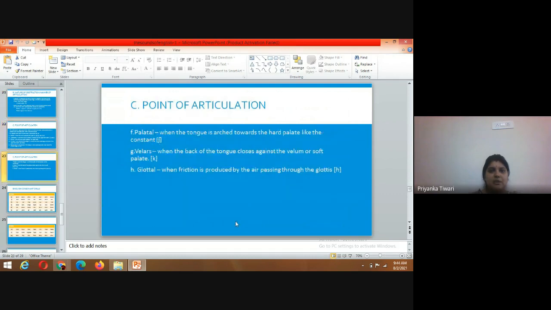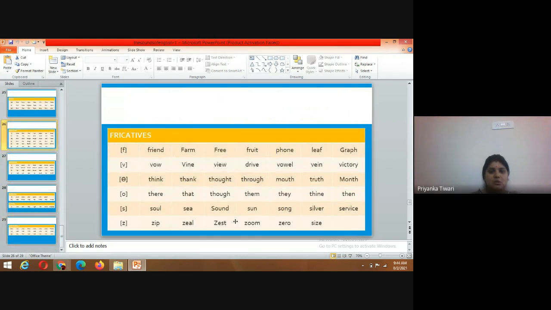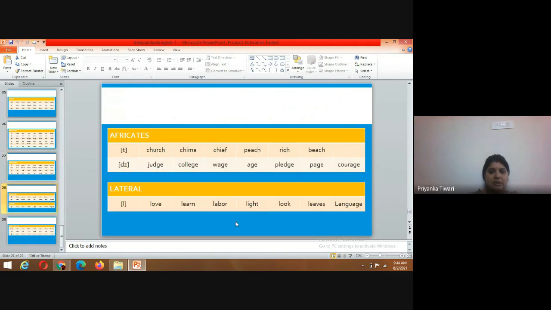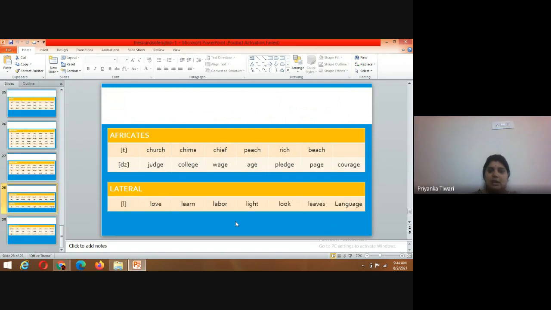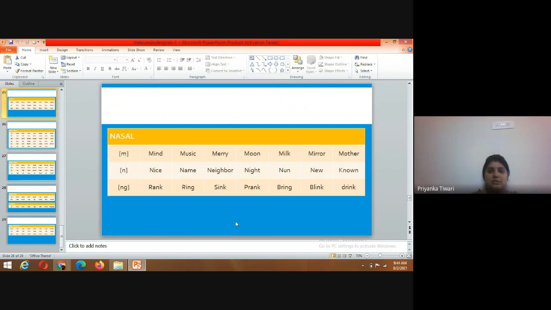We also discussed fricatives and semi-vowels, affricates, and laterals: love, learn, labor, light, look, leaves, language. Church, judge, chime, college, page, courage. Nasal sounds are also here: mind, music, marry, moon, milk, mirror, mother, knives, name, neighbor, night, none, new.